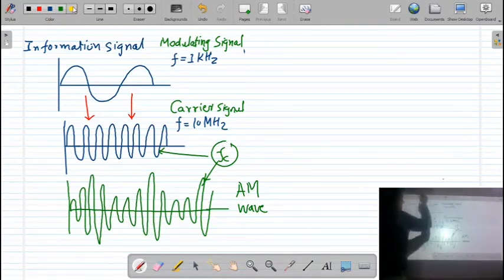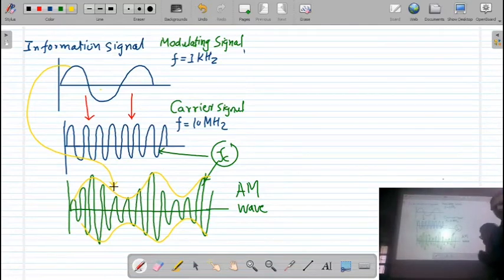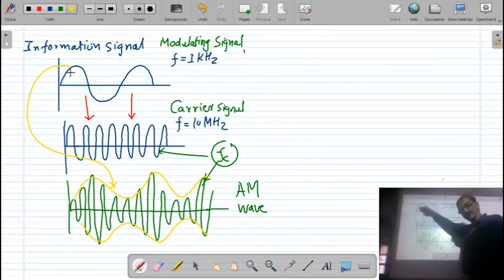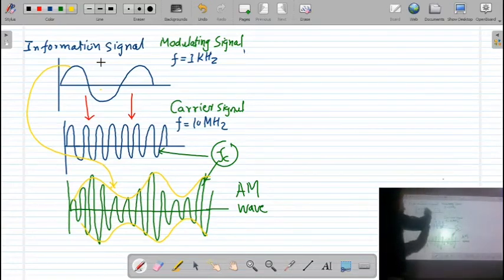But if you see the envelope of the signal, either on the positive side or the negative side, the shape of this envelope is identical to the shape of your modulating signal, which is superposed on the carrier wave. So this is the amplitude modulated wave.